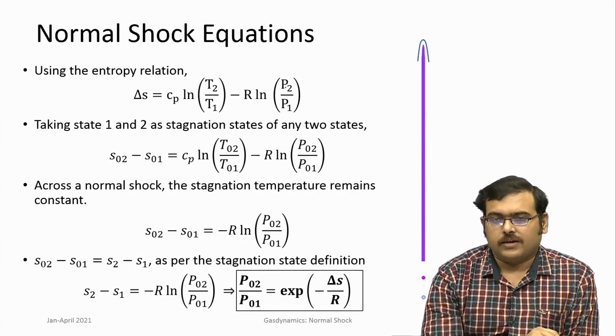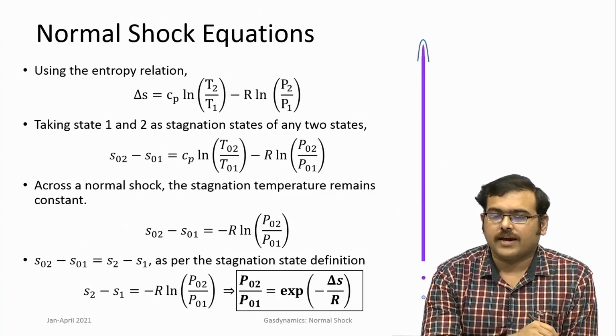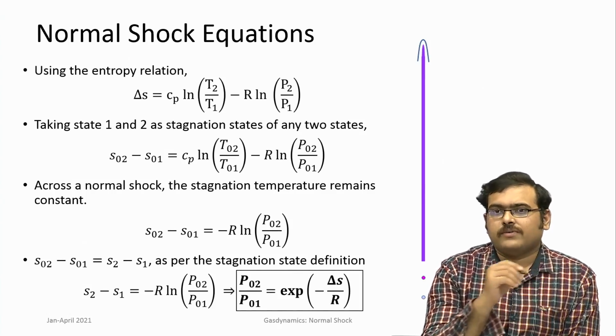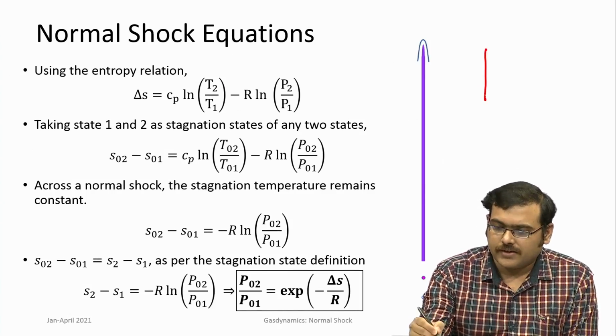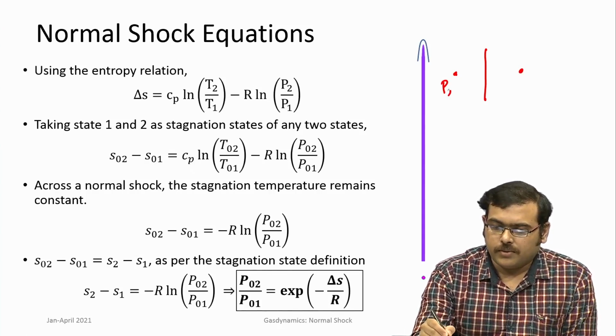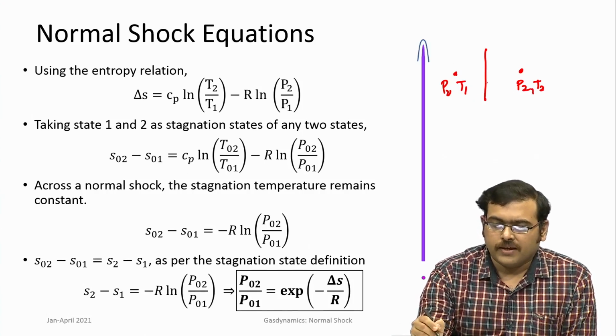Now we come to a specific application of the stagnation conditions. Every point in the flow has an equivalent stagnation point. If I take this normal shock, there is a point before and after the normal shock, and P1, T1 represent the static quantities, and P2, T2 represent the static quantities downstream of the shock.